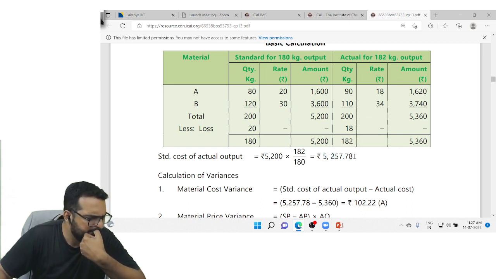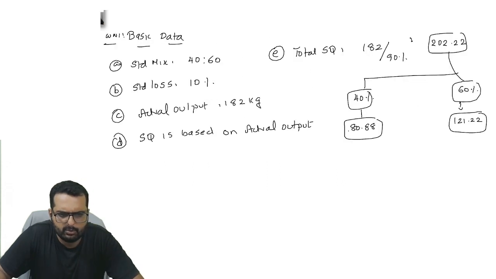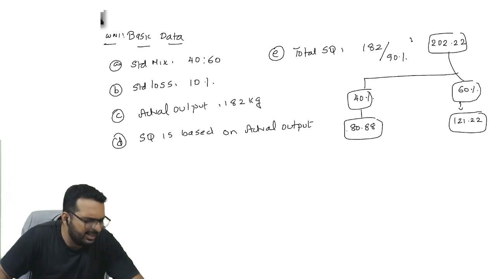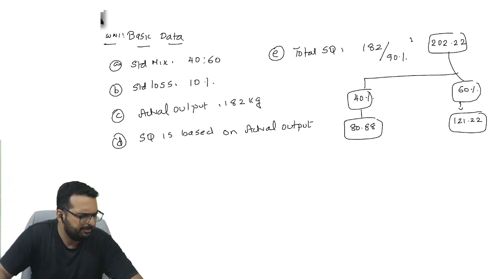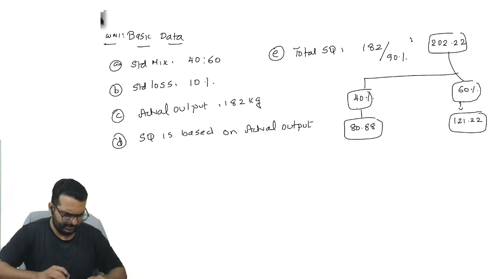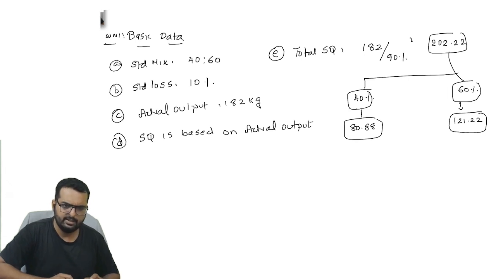Hold on. 202.22 into 60% is 121.33. So it's a rounding off difference only, right? Yeah, it's a rounding off difference. Ignore it. That's fine. I think that if you take precisely as what they said, this into 0.4 will be 80.888.